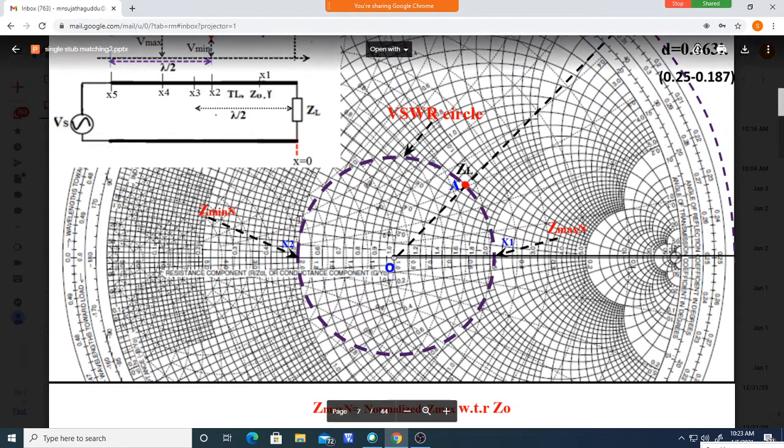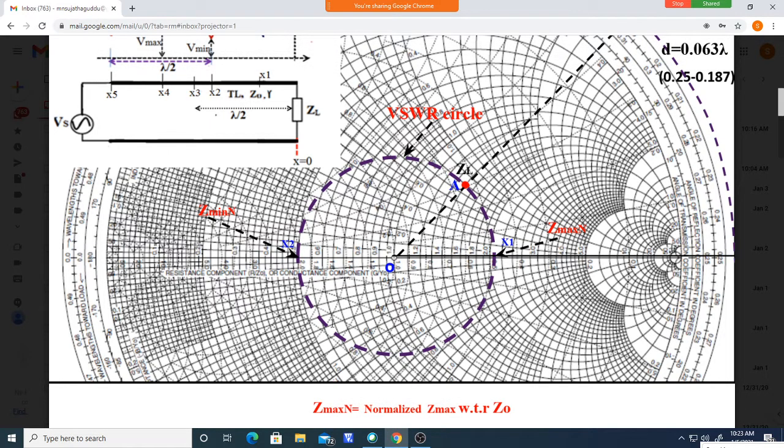Similarly, this impedance is minimum compared to all impedance variations. So you started from the load and moved like this, and at this position we find the minimum impedance.